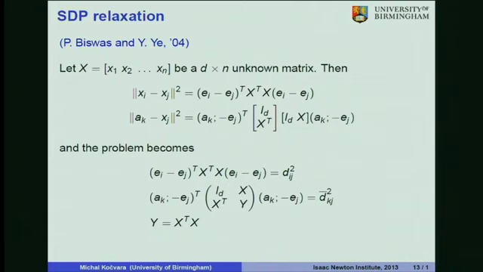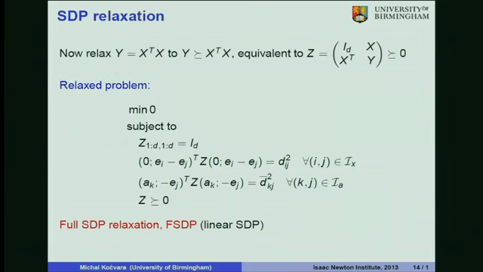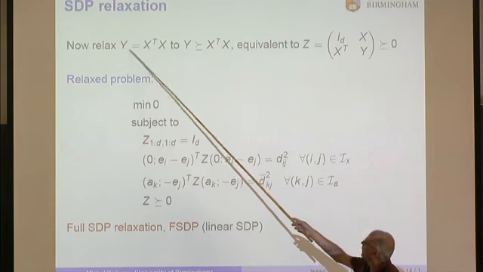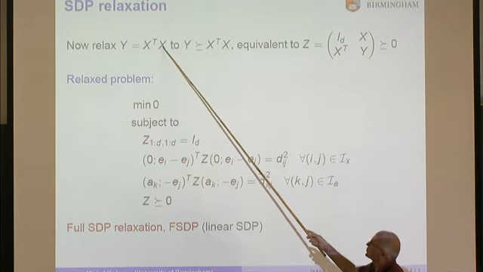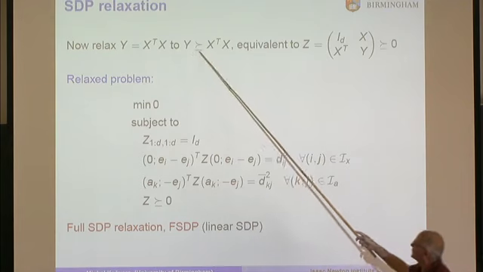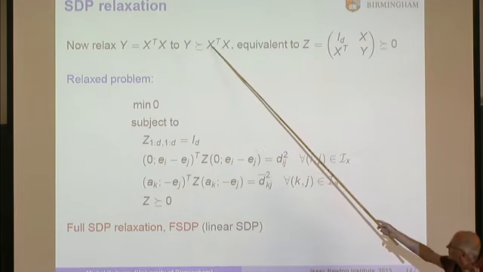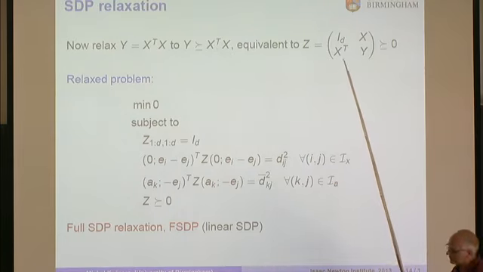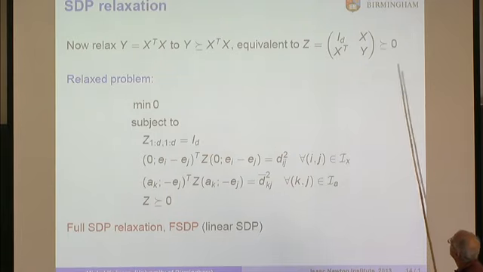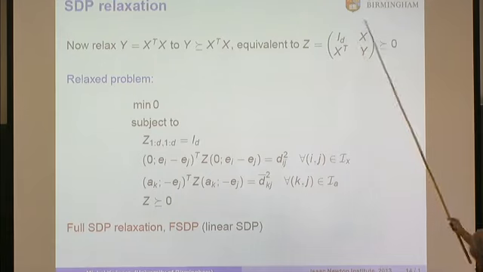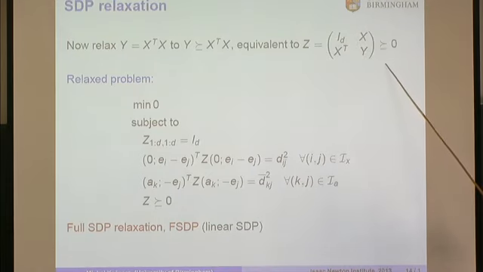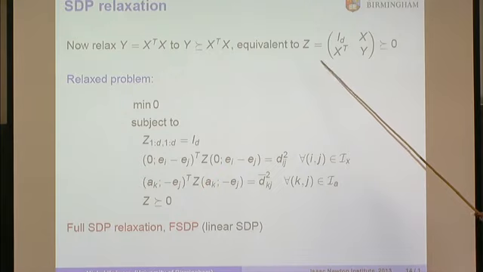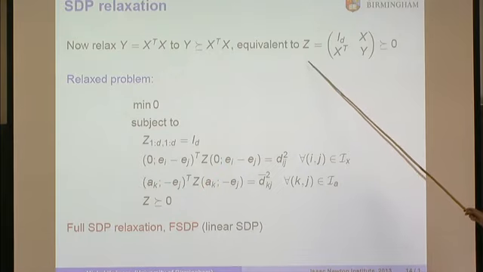Now, the relaxation comes in here. Instead of saying that X transpose X is named Y, I will say that Y is a new variable and it's just greater or equal than X transpose X in the sense of positive semi-definiteness. This is then equivalent to this linear matrix inequality, saying that yet another variable Z should be positive semi-definite.